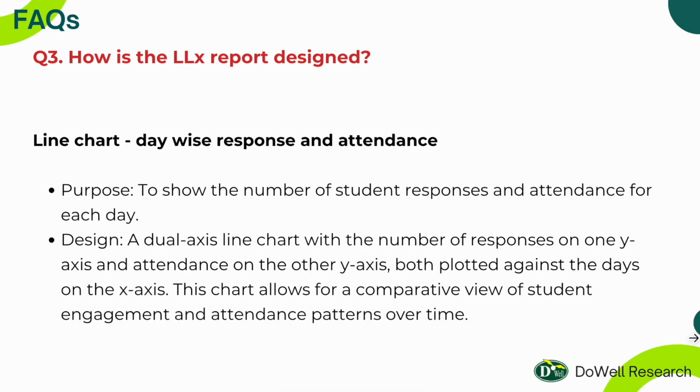Day-wise response and attendance shows the number of student responses and attendance each day, because attendance is an important factor in this calculation. The number of students present in the classroom is the controlling factor of the percentage reflected in the analysis, and also the learning level index.